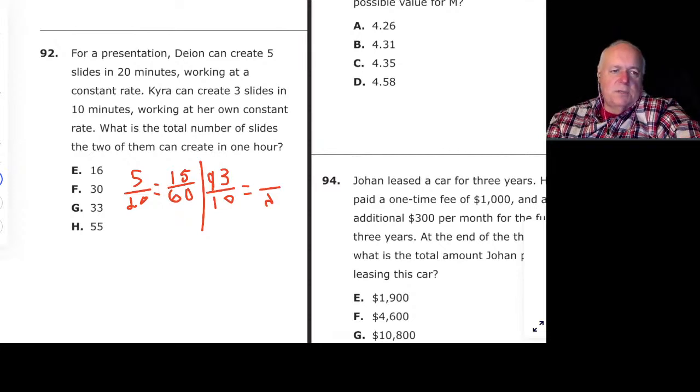Okay, that's the new one. This actually wrote the 6 backwards. That's 60, believe it or not. So it's times 6, so the top would be 18.